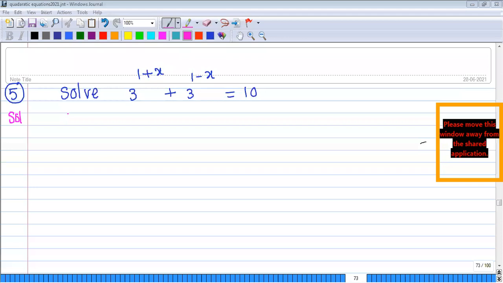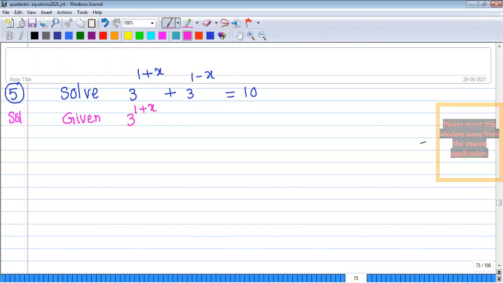So now, given 3 power 1 plus x plus 3 power 1 minus x equals 10. See, a power m plus n we can write as a power m into a power n.